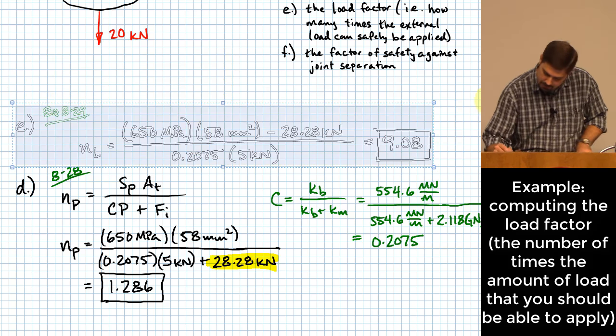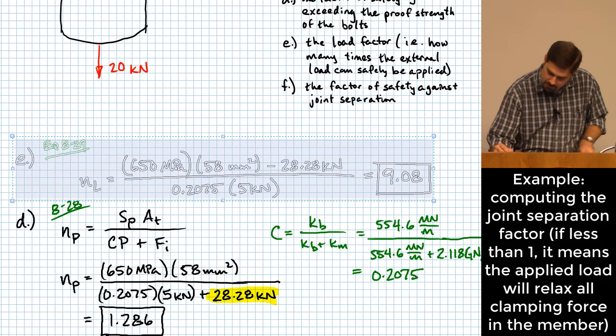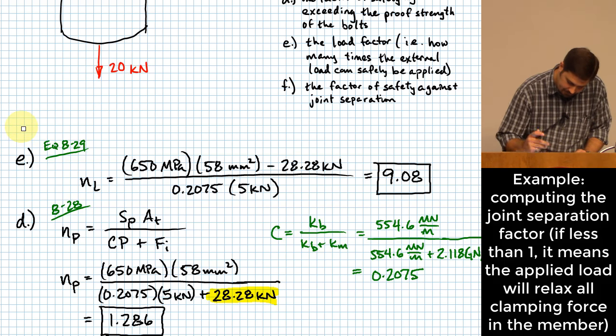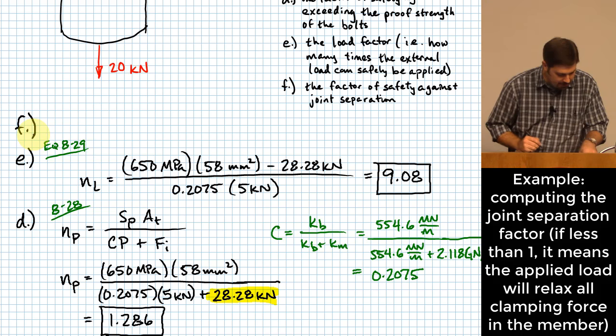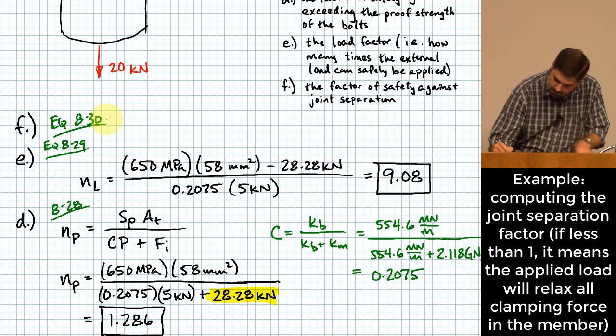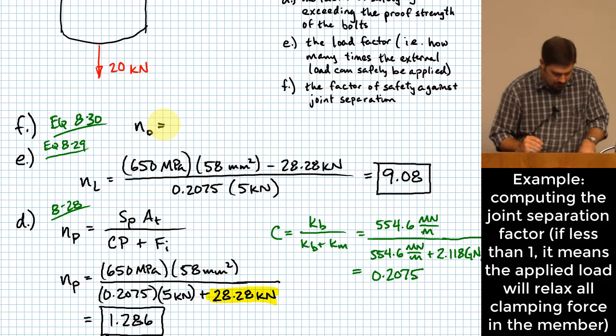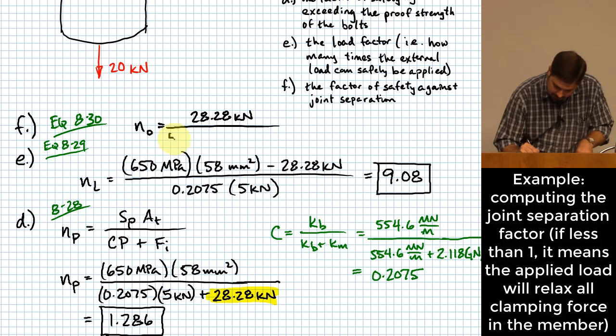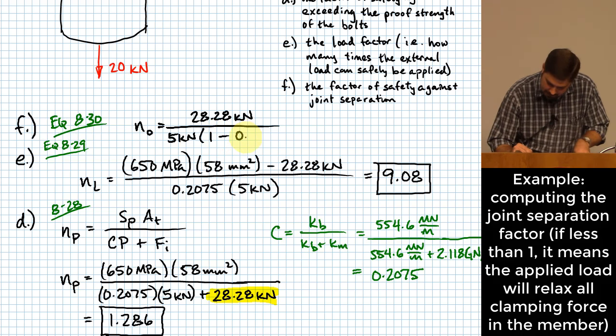All right, one more to do, and it doesn't take a long time. The last one to do here is the factor of safety against joint separation. Part F right here. That would be equation 830. Equation 830 says that N sub 0 is equal to whatever that preload is, 28.28 kilonewtons, over the additional load, 5 kilonewtons, times 1 minus the joint stiffness constant.